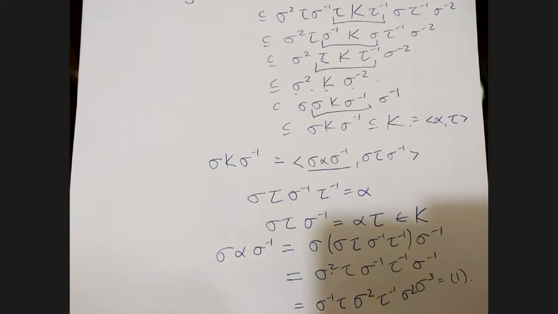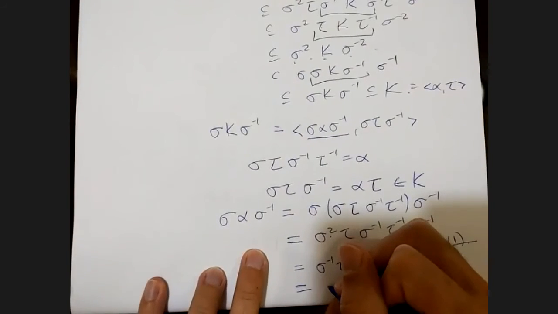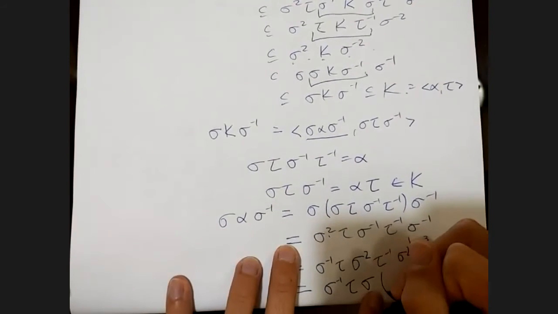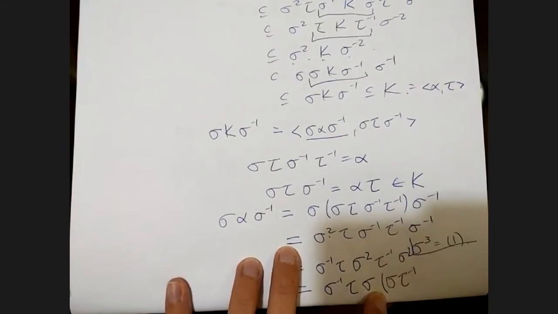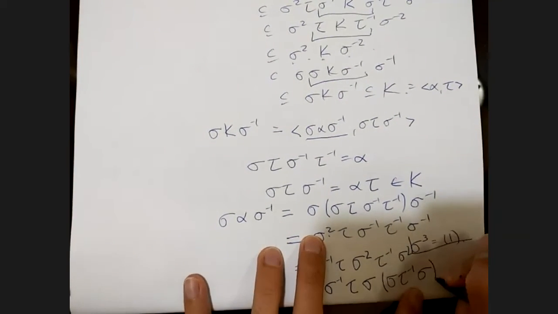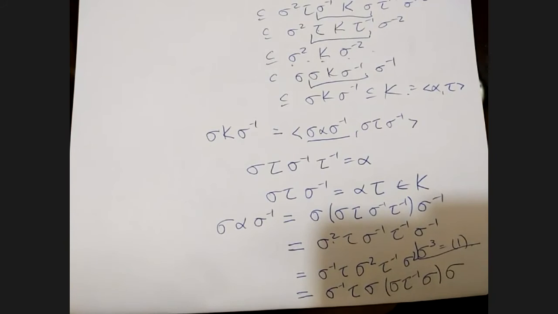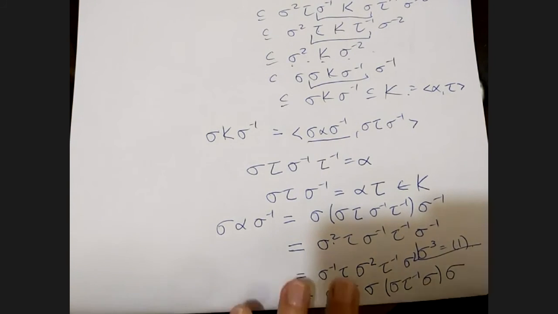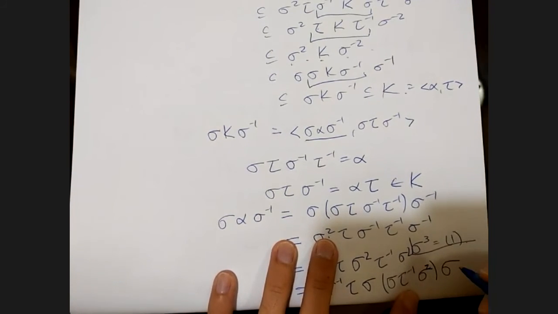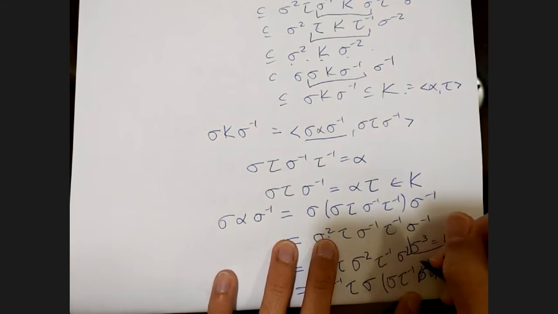Now something tricky is going to happen, I guess. Well, that's just sigma inverse tau sigma times sigma tau inverse sigma times sigma. Or wait, I can write sigma squared as sigma to the minus... let's leave this as sigma inverse.